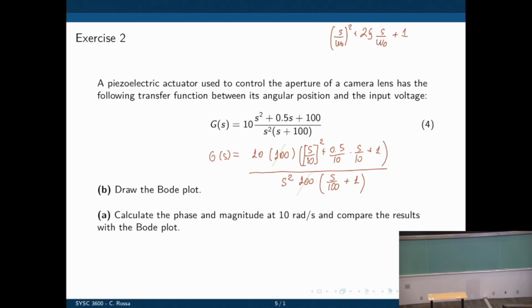And we are left with G of S equals 10 times (S over 10) squared plus 0.05 times S over 10 plus 1, divided by S squared times (S over 100 plus 1).